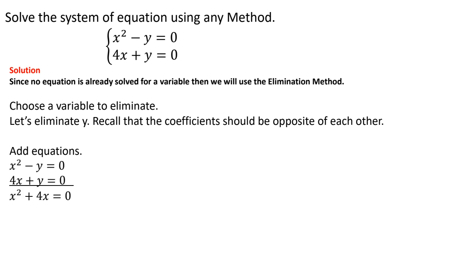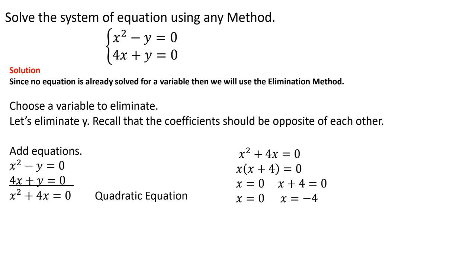So when I have x squared minus y equals 0, added with 4x plus y equals 0, if you see here, the y's got canceled, but I got x squared plus 4x is equal to 0. Now to solve for x, let me just go ahead and factor this out. I do have a quadratic, but I can solve for x by just factoring.